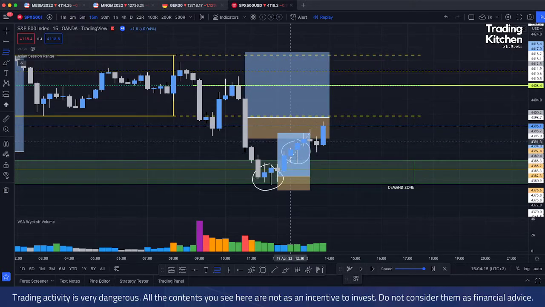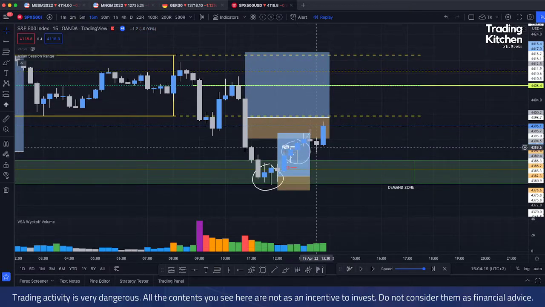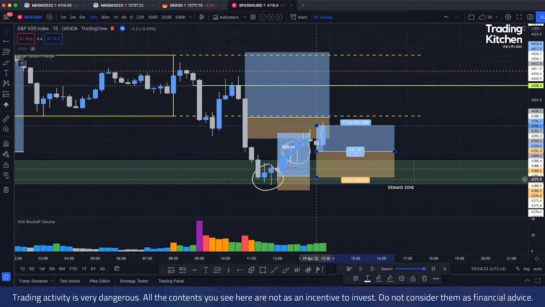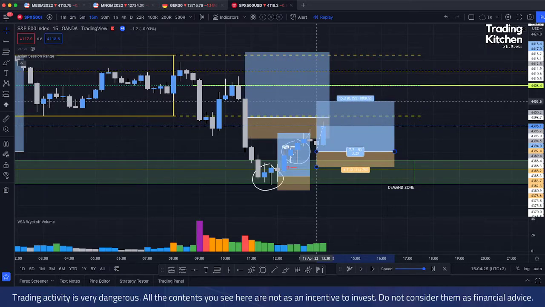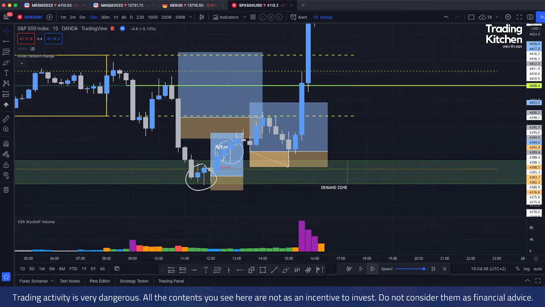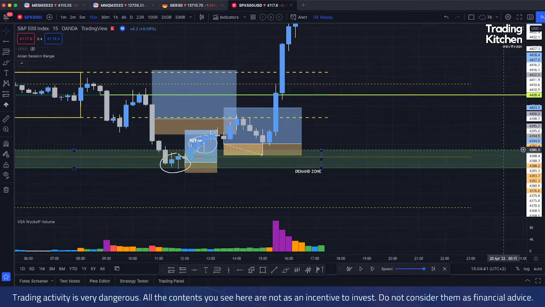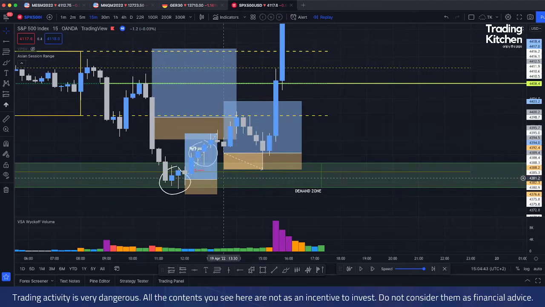Let's see for the 50% of the pattern to be retested, and you can enter here with stop loss just below the low of the pattern, and always 1-3 risk reward ratio. Okay, this is here. Oh, we hit the stop loss here, yes.